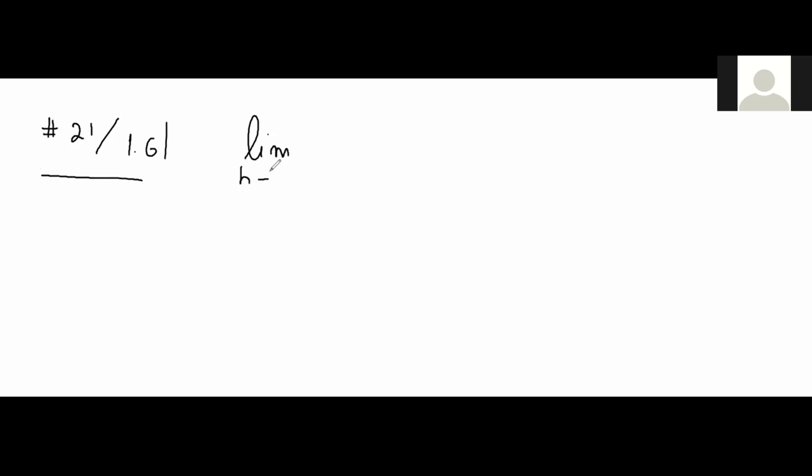Limit as h approaches 0 of square root of 9 plus h minus 3 divided by h. All right, and this is going to be equal to the following.